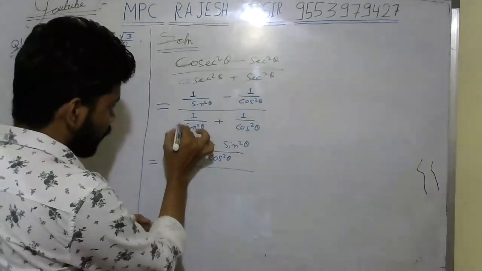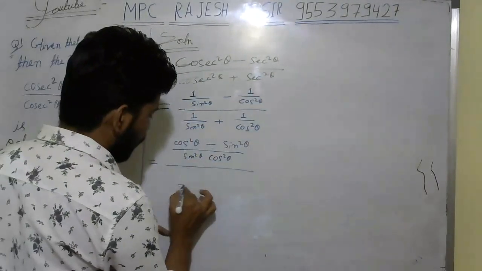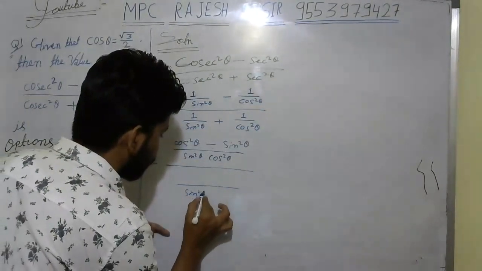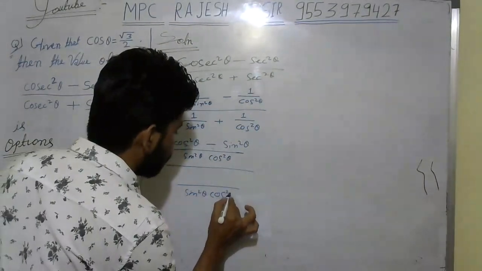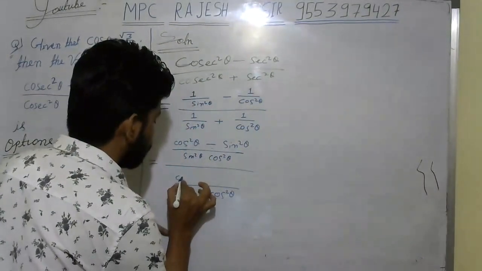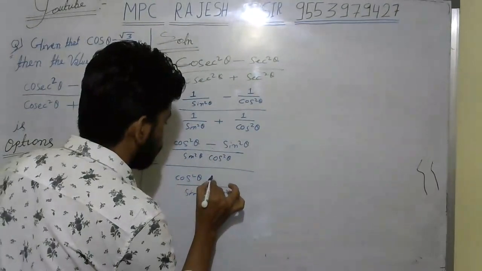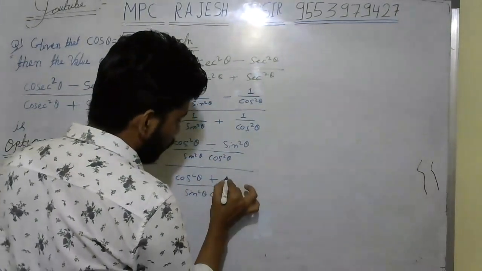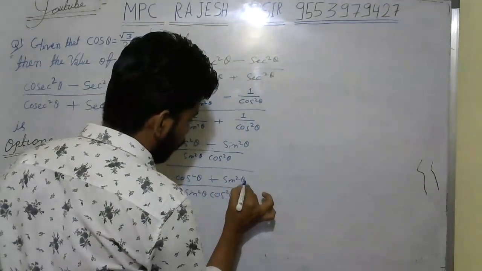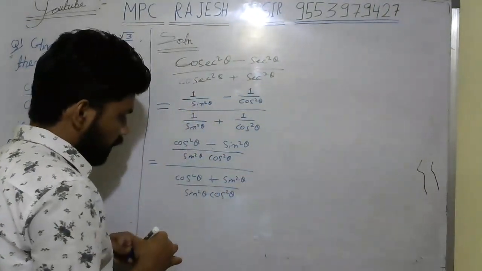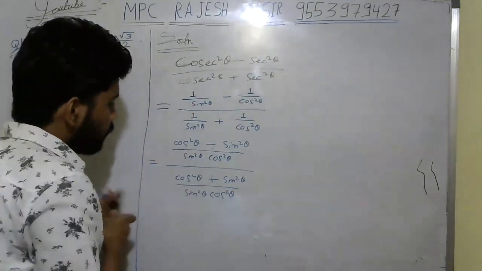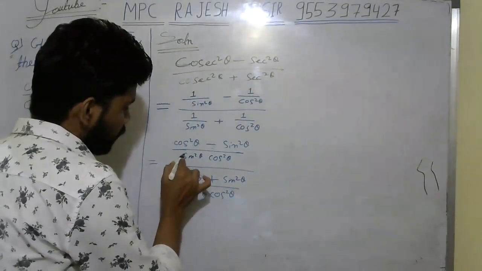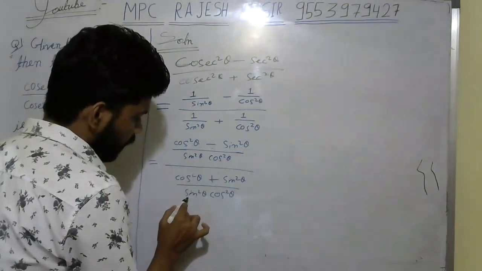Similarly, you can do the denominator also, the same thing. So here sin square theta will come. Now you can see the denominator of the numerator's first term is sin square theta cos square theta, and here also sin square theta cos square theta.